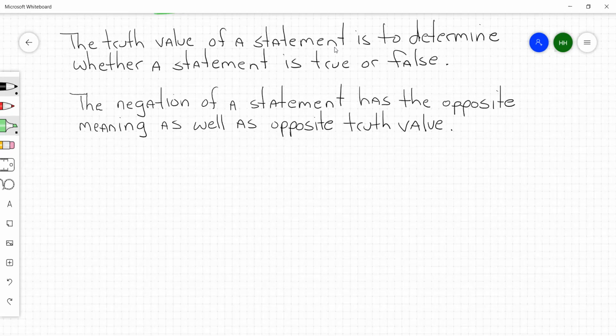All right, which is going to take us into conditional statements. So all of this is going to start tying together here in a couple minutes.